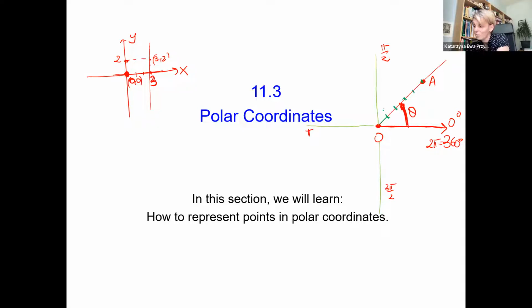But I will go along that ray, that angle. I can say this is 5, theta. And 5 in general, we will call r. So r is the distance from the pole and theta is the corresponding angle.